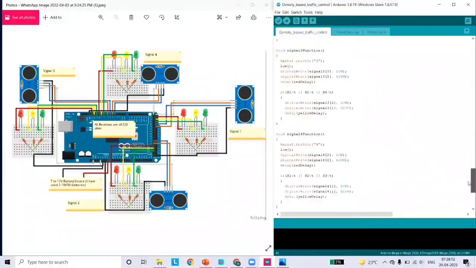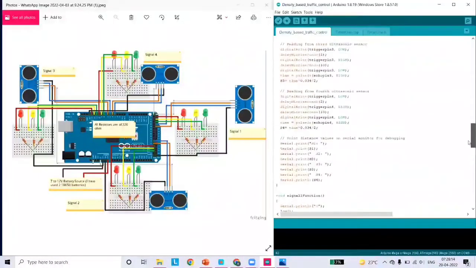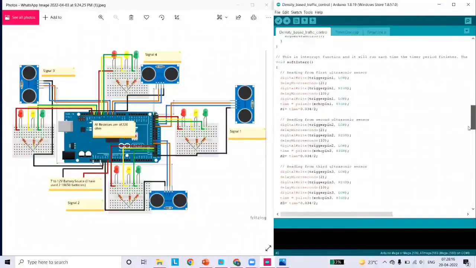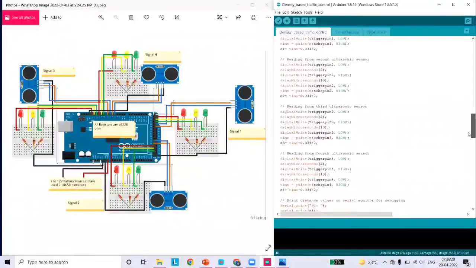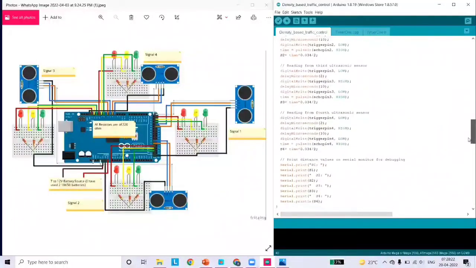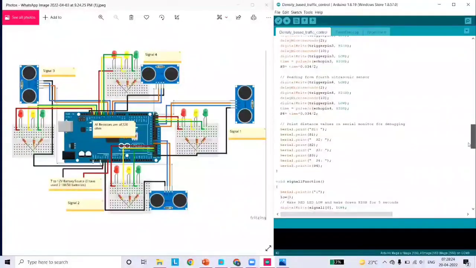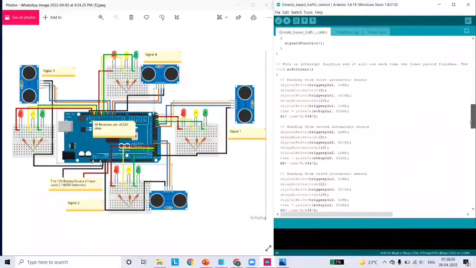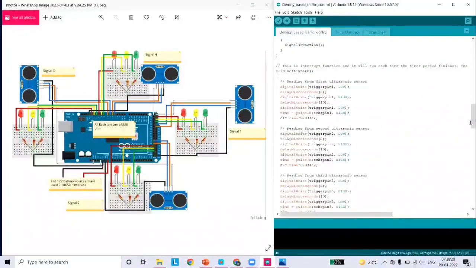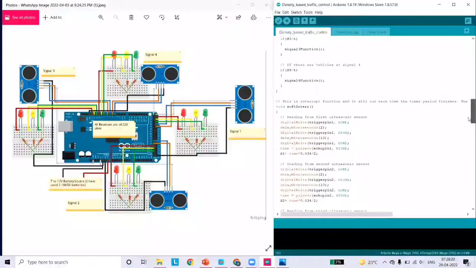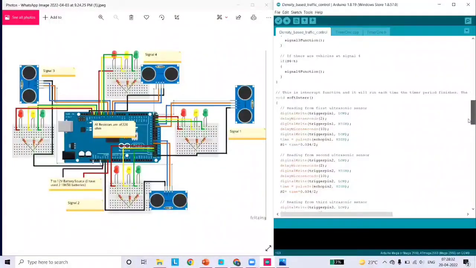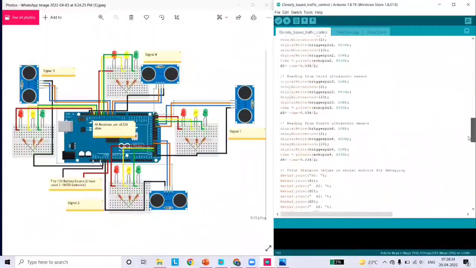Now, during that function there is a soft interrupt when the ultrasonic sensor reads an input that is within its range. The timer gets on. For example, here, reading from the first ultrasonic sensor, we have the trigger pin as low and the trigger pin as high.